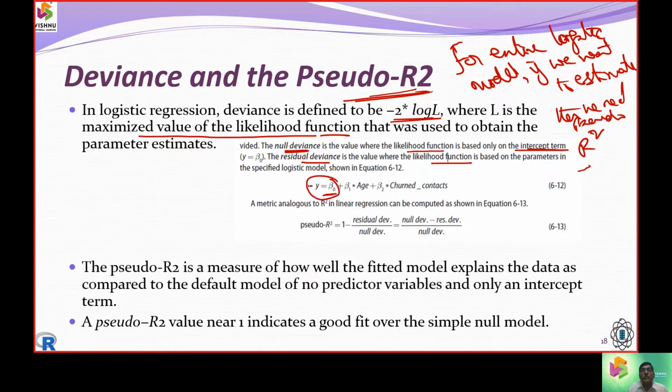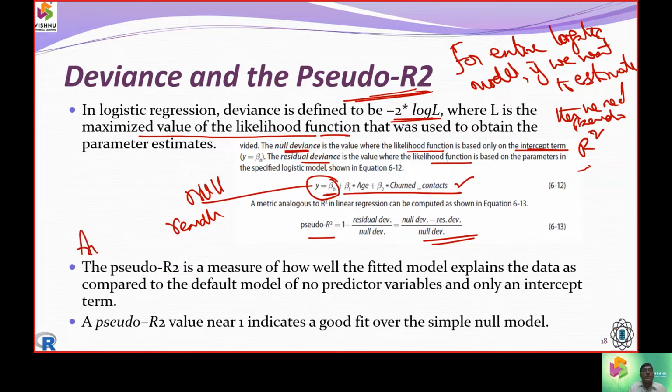So y is equal to b naught when there is null, and when there are some residuals, it takes up the entire content. We generate the pseudo R square as 1 minus the residual deviance divided by the null deviance, so we get this model. Now I got an answer.